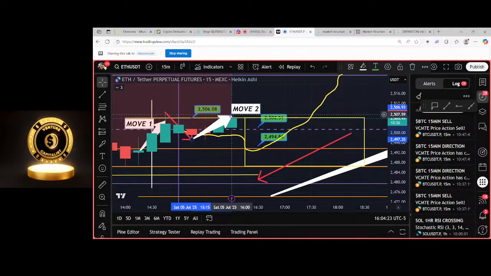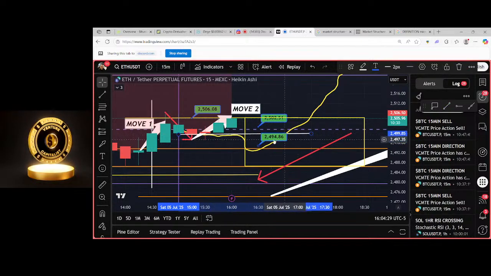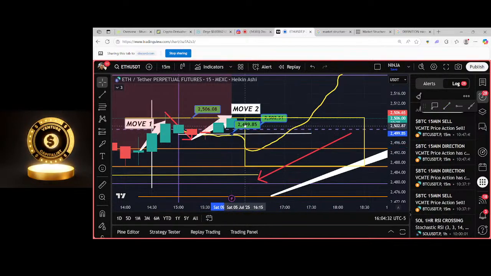So which means that for you, an entry point on that move would have been something in here, which would have put you at about 2,500 for an entry point.